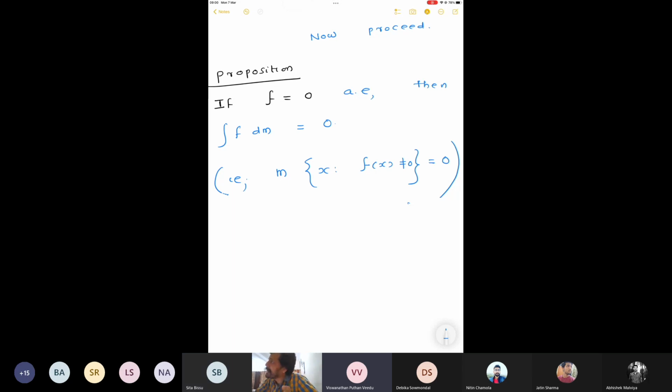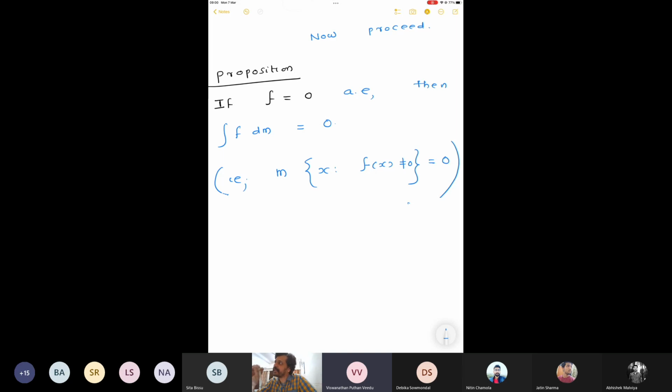So if the measure of E_i is 0, there is no contribution. Yes or no? If the measure of E is 0, there is no contribution to the integral. Do you agree? Yes, sir. That's why once f is 0 almost everywhere, whether it is 0 or non-zero at the rest of the points, we don't mind. Finally, the integral will be 0.